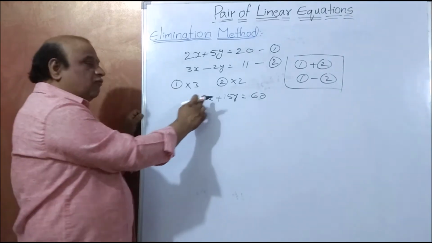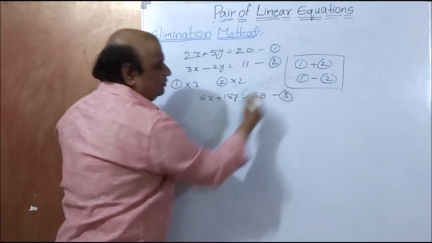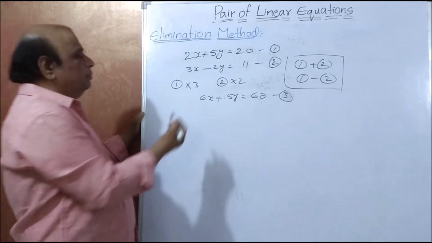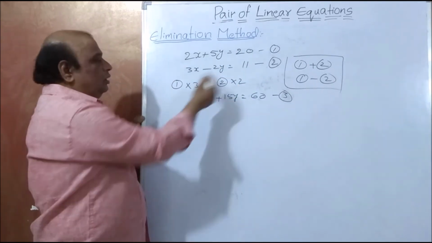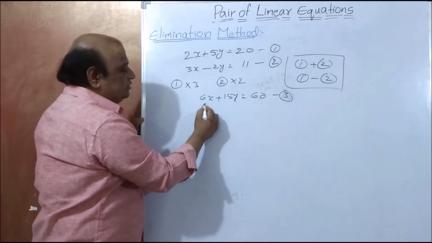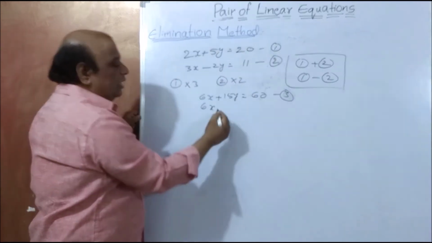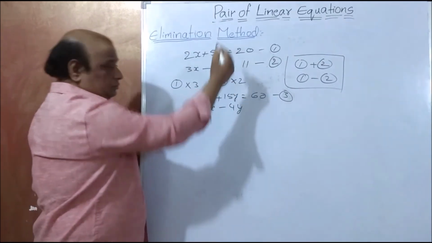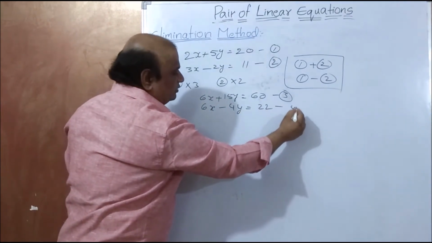Now we got one more new equation, that is the third equation. And now equation 2 we have to multiply by 2. 2 3s are 6, 6x, 2 2s are 4, minus 4y, 2 11s are 22. This is the fourth equation.